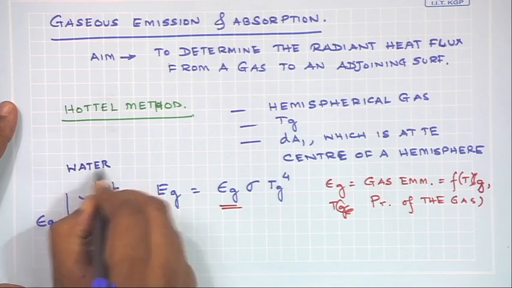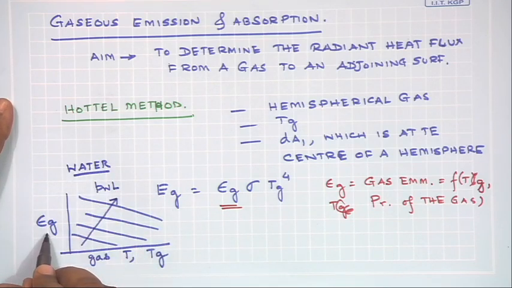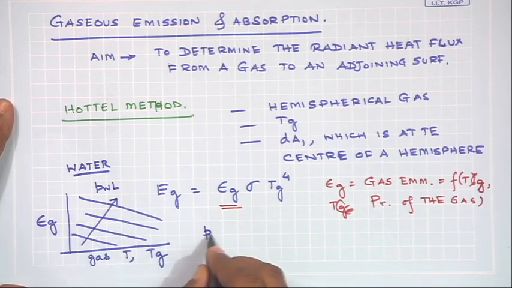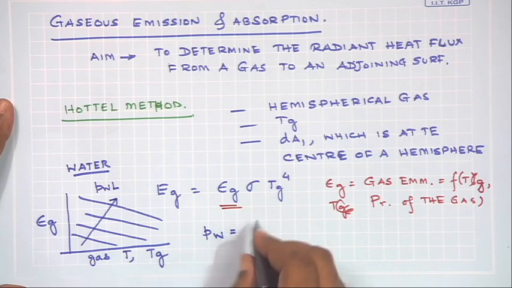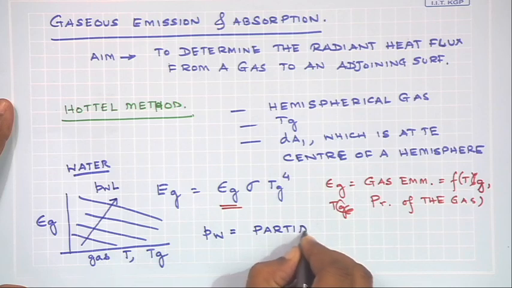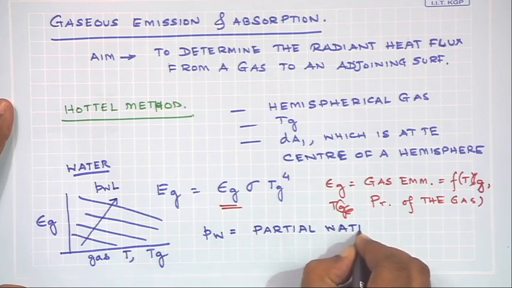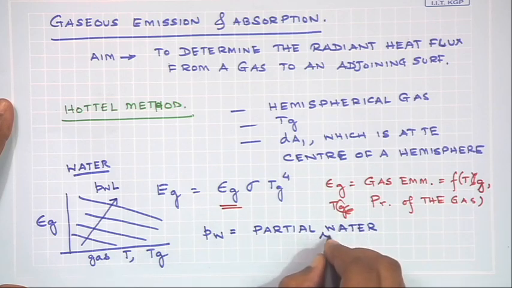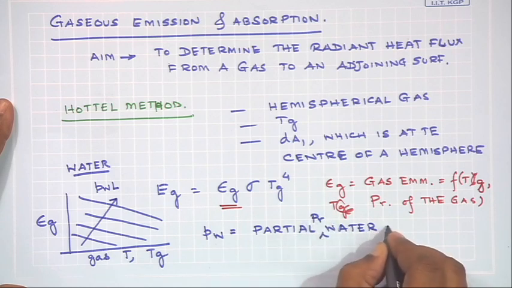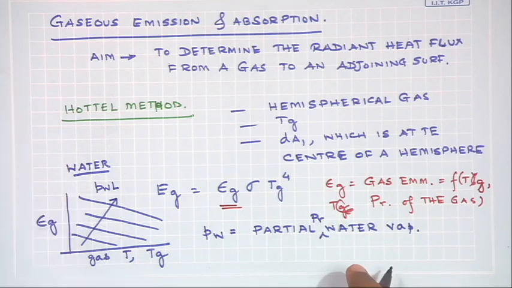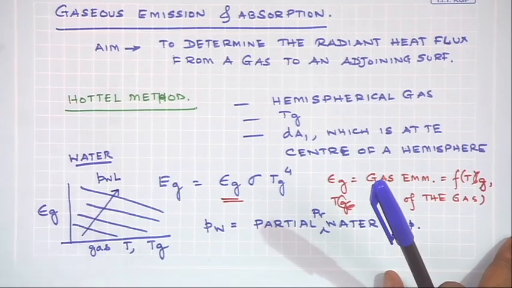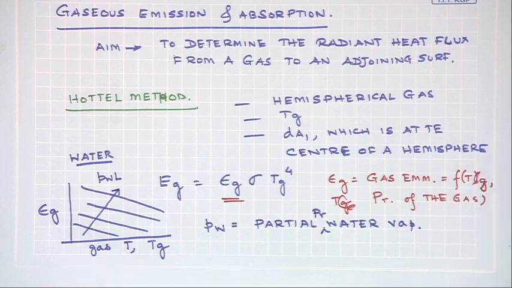So, for water the value of the emissivity is obtained by a curve like this, where this P w is equal to the partial pressure of the water vapor. How much water vapor is present in air? Partial pressure of water vapor. So, which is logical, right? Because the more vapor is present in air, the more it is going to absorb.